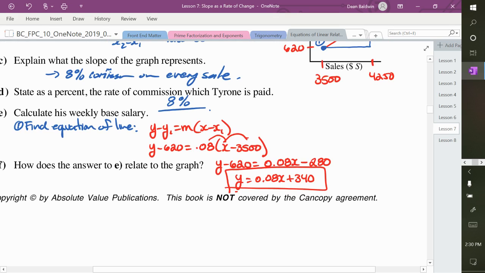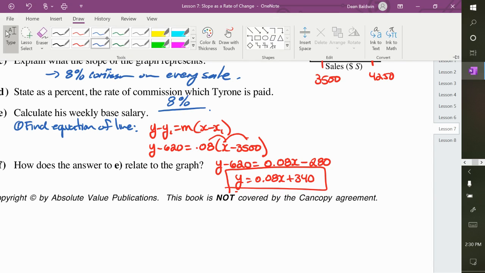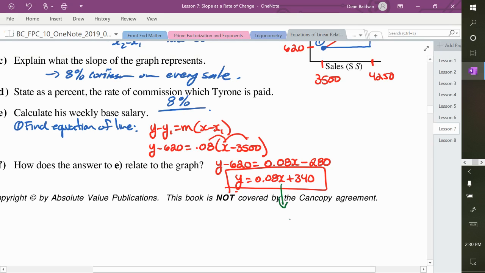So how much does he make if he sells nothing? $340. Right? If he sells nothing, no sales, that means X would be 0, right?